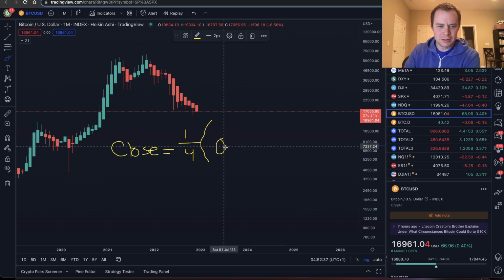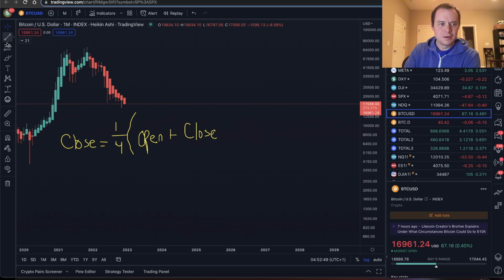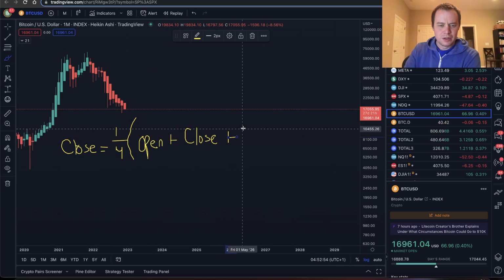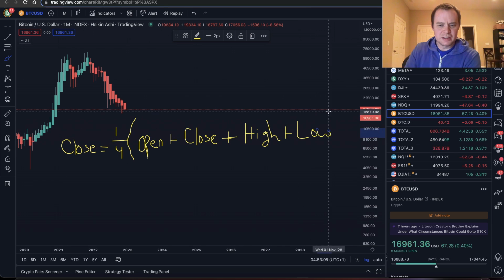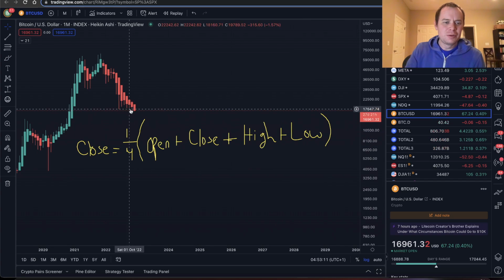We have the open plus the close, so it takes into account the close, but it's not just based on the close, plus the high and plus the low. So this right here is how the close is defined with the Heikin-Ashi candles.